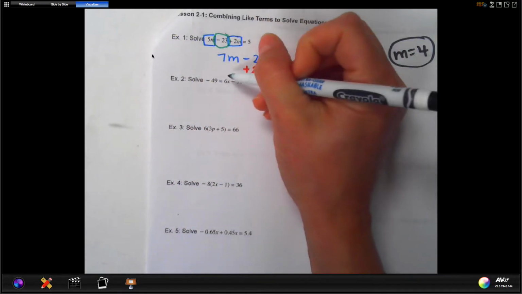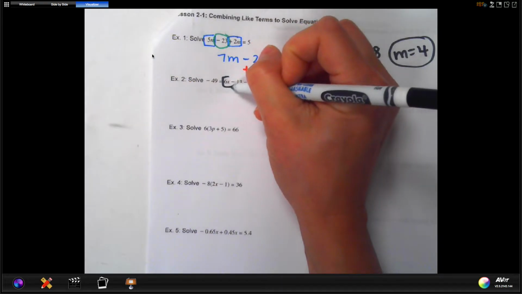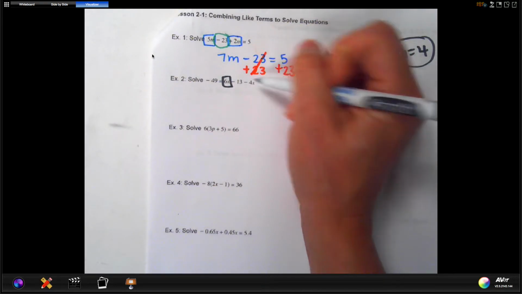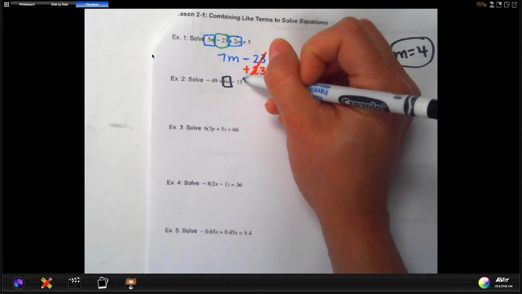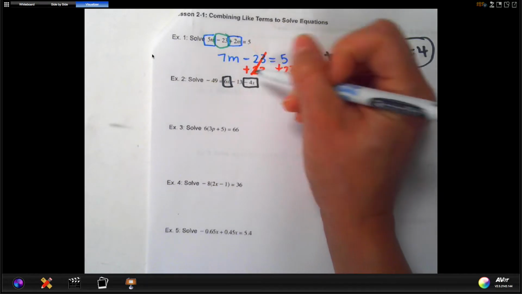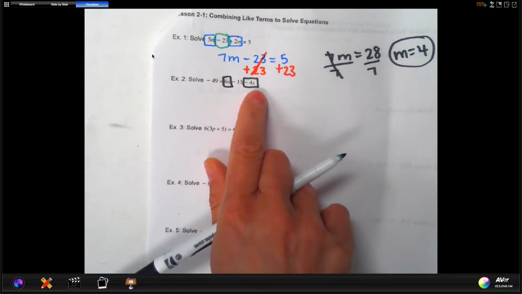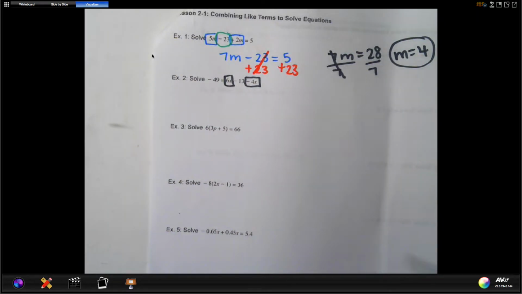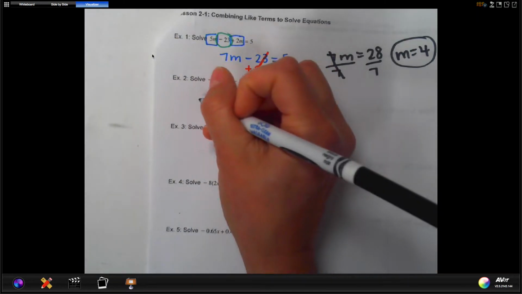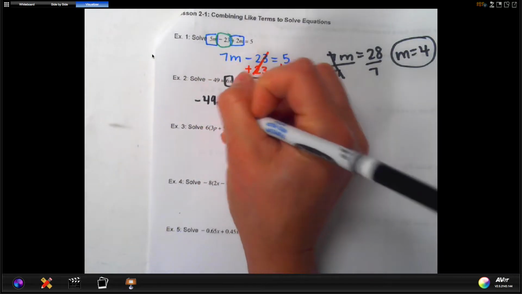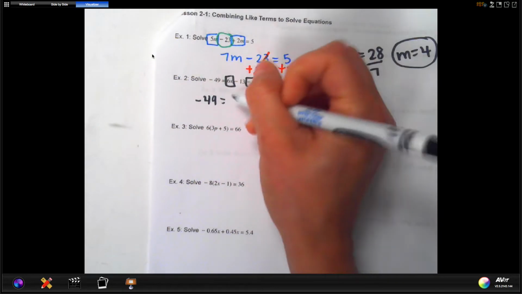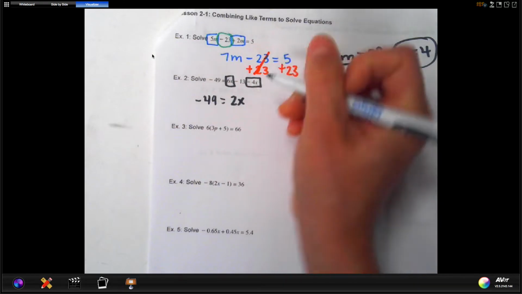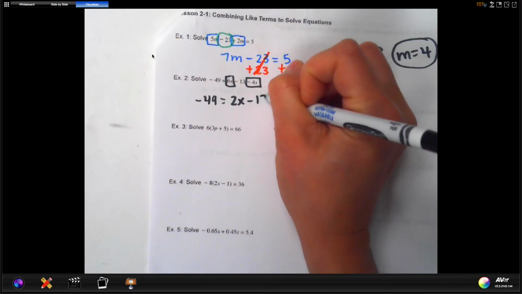In this case, we can combine 6x, which is positive, and now the minus 4x, the minus sign goes with that 4. So we're going to put those together as 6x minus 4x first. So we'll rewrite this as negative 49, that stays. 6x minus 4x would give us 2x, and then minus 13.